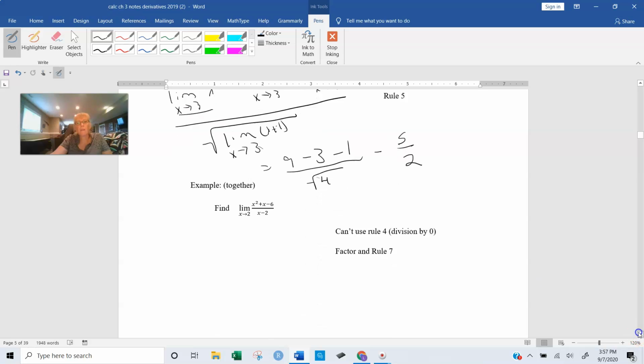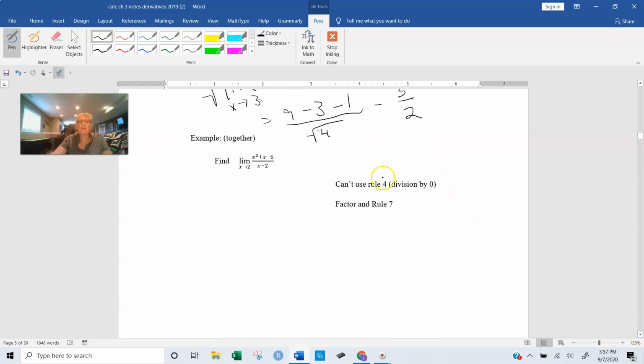Kind of fun, right? All right, this time we have to be careful because if I let it be 0, it's undefined, or let it be 2, it's undefined. So we have to do a few other things. So the first thing we're going to do as x approaches 2 is we're going to factor the top. So let's do x plus 3 and x minus 2 all over x minus 2.